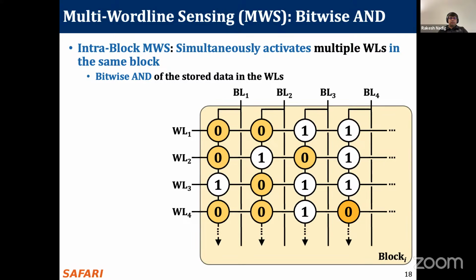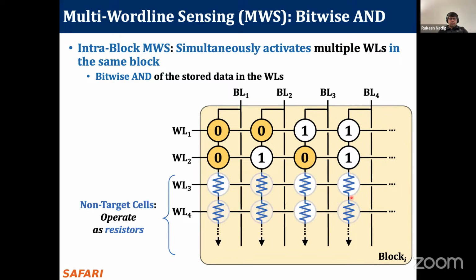As we saw earlier, in a NAND flash block there are multiple word lines, and several bit lines to which the NAND strings are connected. Here we show an example where two word lines are being simultaneously activated, and the rest of the word lines operate as non-target cells or resistors.